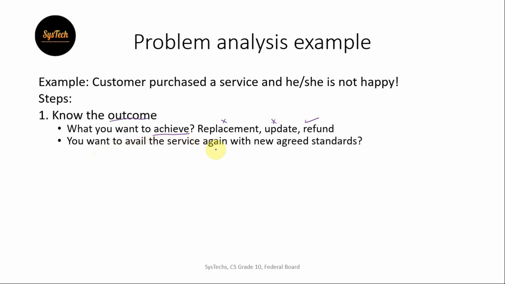Or you want to avail the services again with the new agreements, new standards. The second possible solution: maybe you want the replacement, update or refund. Second thing, if not, you are going to finish. Is there a possibility to use the service again?